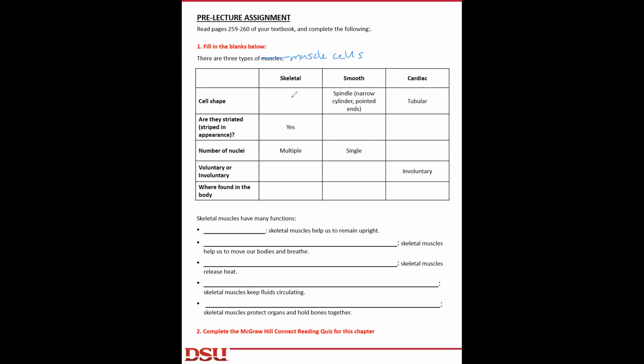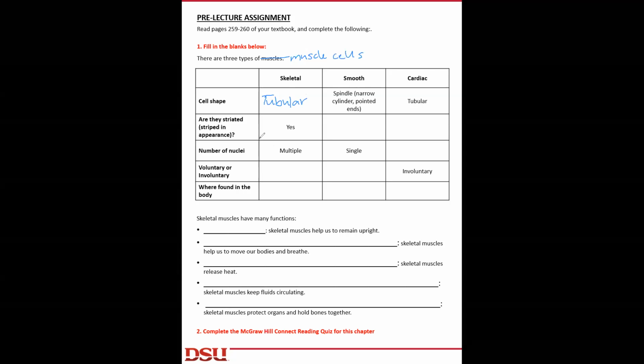So speaking of those characteristics, let's go over this. Skeletal muscle has a tubular shape. Are they striated in appearance? Yes.